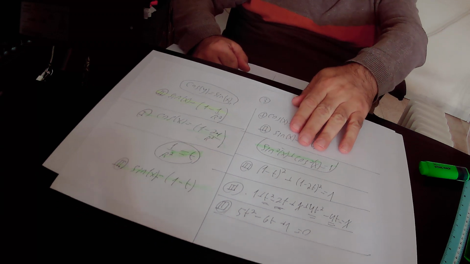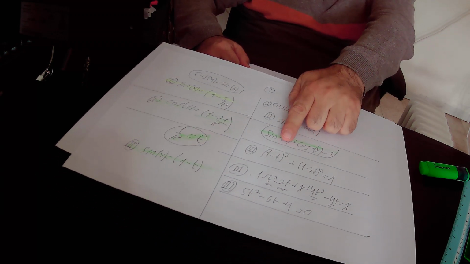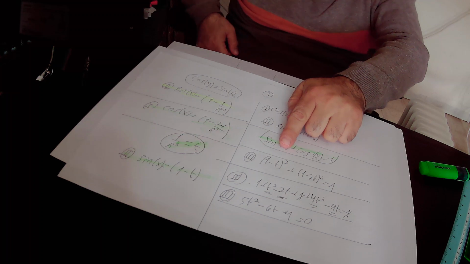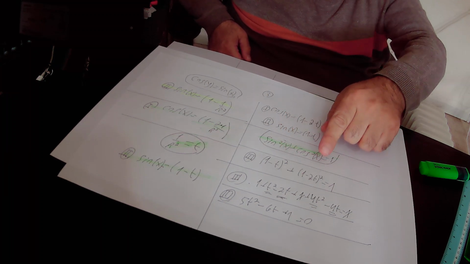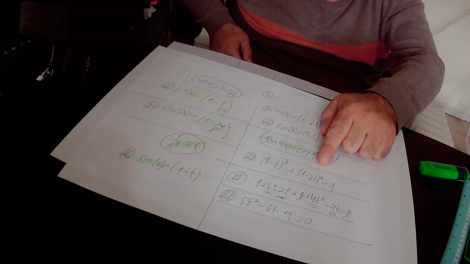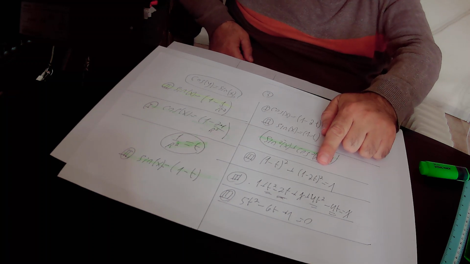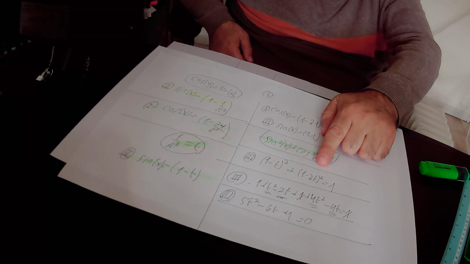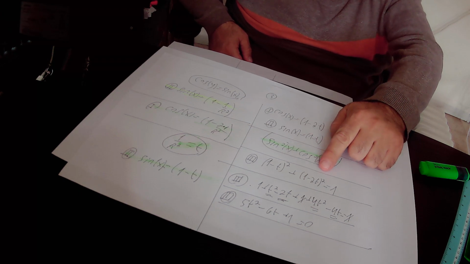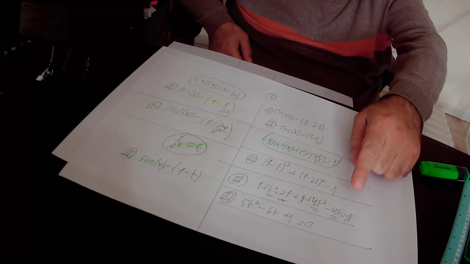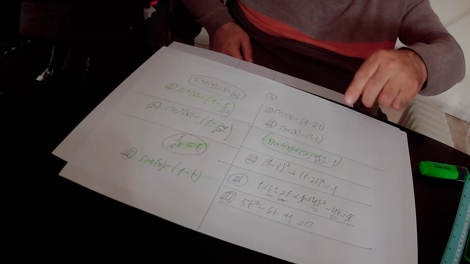Then we open the brackets in equation number 3, and we found that (1 minus t) squared equals 1 squared, that is 1, plus t squared, minus 2t, plus (1 minus 2t) squared equals 1 squared, that is 1, plus (2t) squared, that is 4t squared, minus 2 times 2t, that is minus 4t, equals 1.